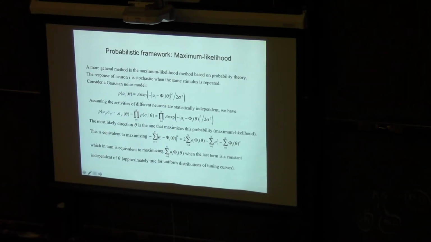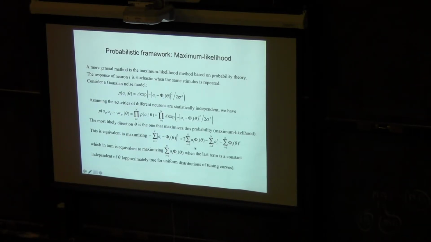square error term, right? If you expand this quadratic term, you get this cross term and also the square terms. If the total activity squared and the tuning curve squared, added together, are held at a constant, then the most important thing is the cross term.